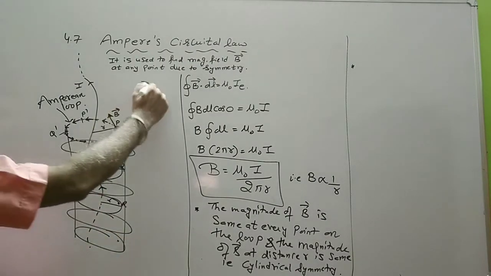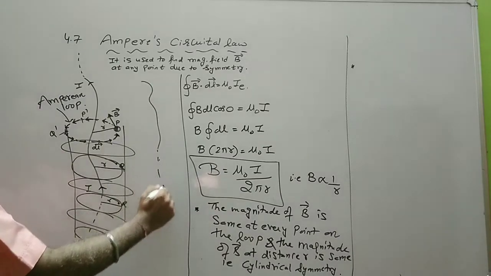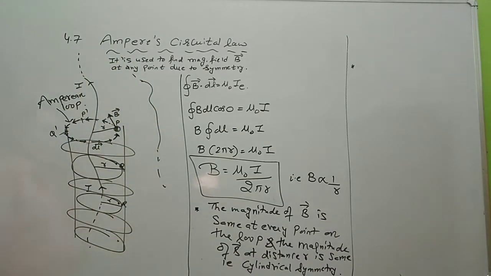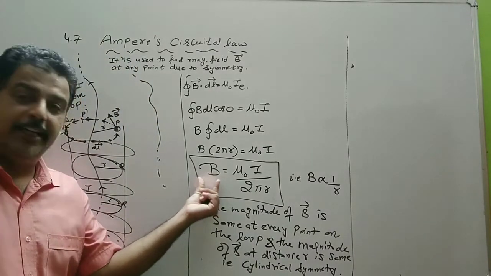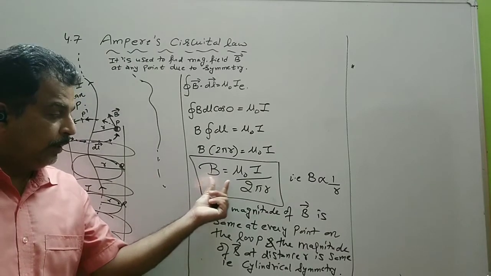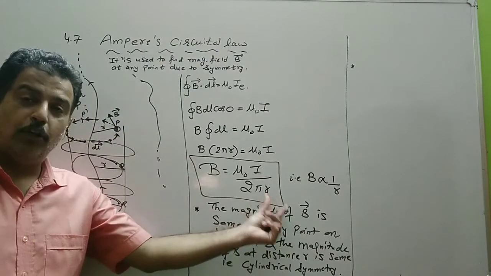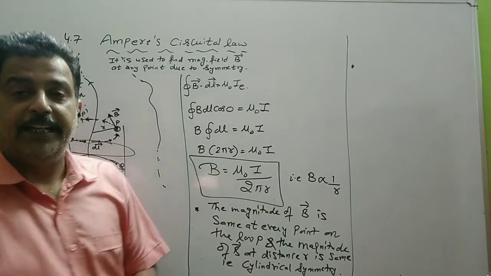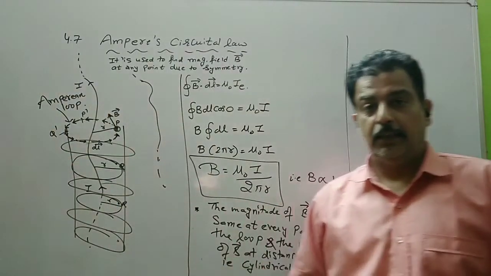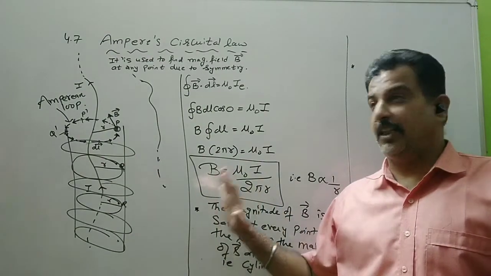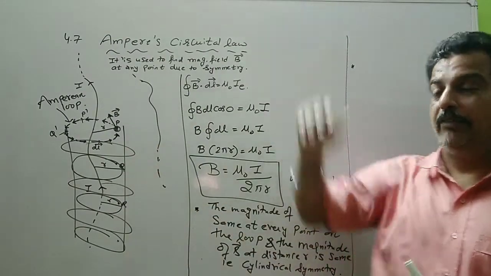Now the wire is infinite, but the magnetic field intensity at a distance R, or on a circle of radius R, is finite. So the magnetic field intensity is finite, though the wire is infinite.